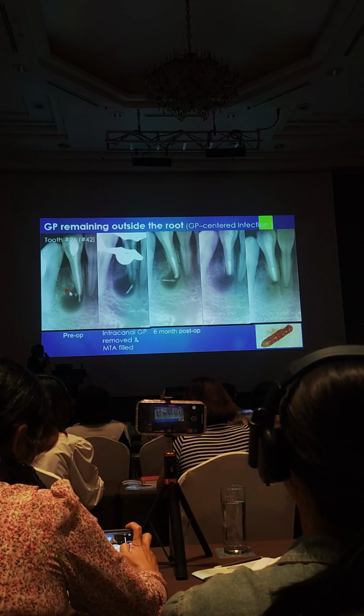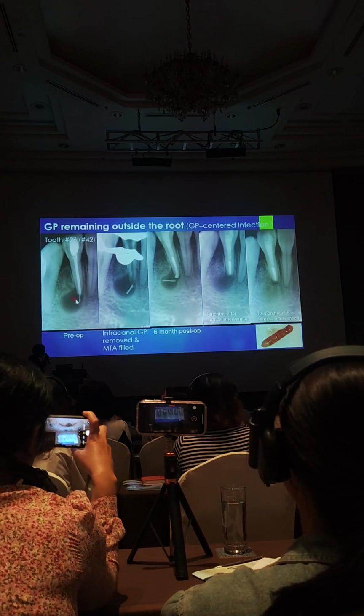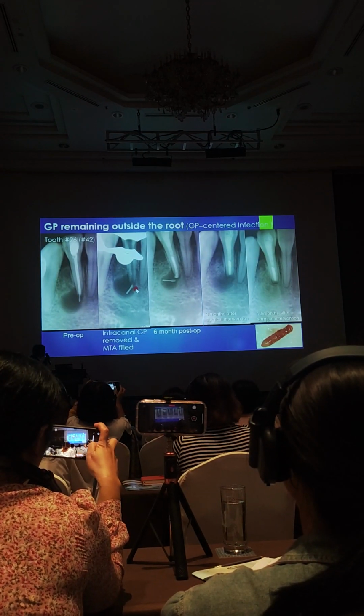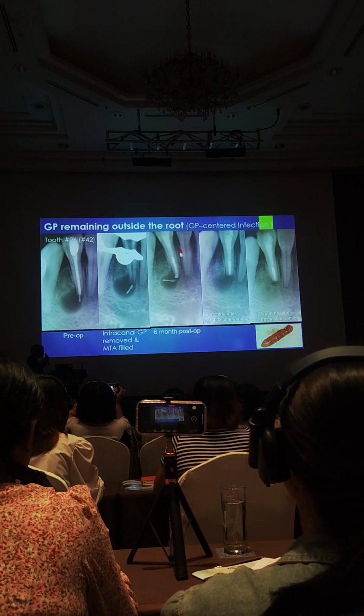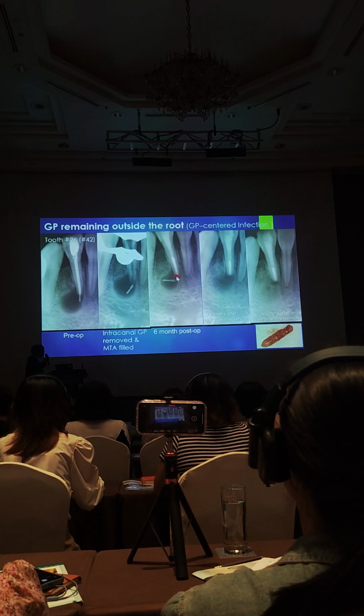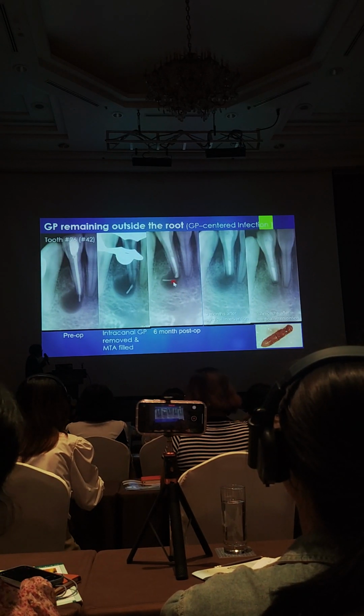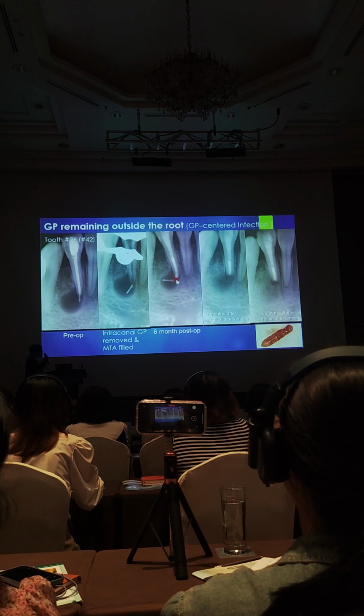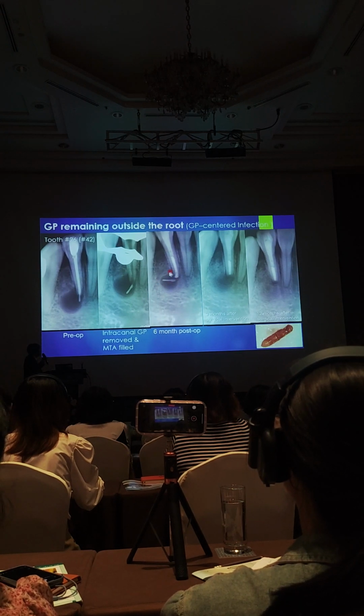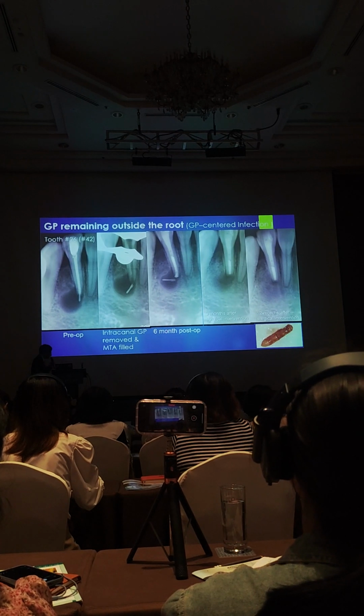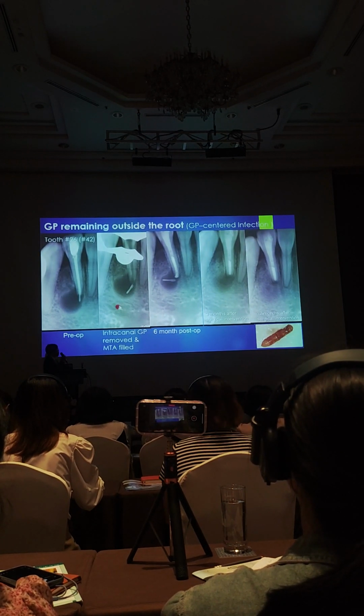Here you see the gutta-percha extruded. I separated it, and I waited. Of course, I obturated the canal with MTA, but there was no healing, because the gutta-percha was separated, extruded, and carries the biofilm. Now I have gutta-percha-centered infection, so I have no option but to do surgery.